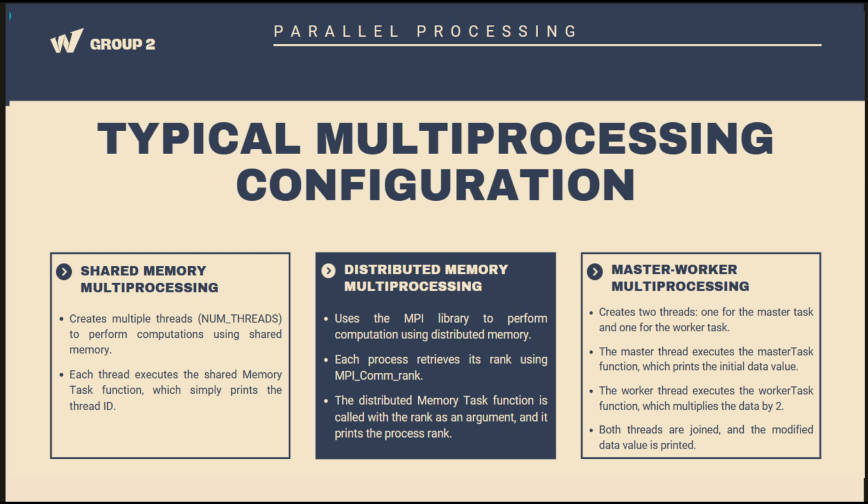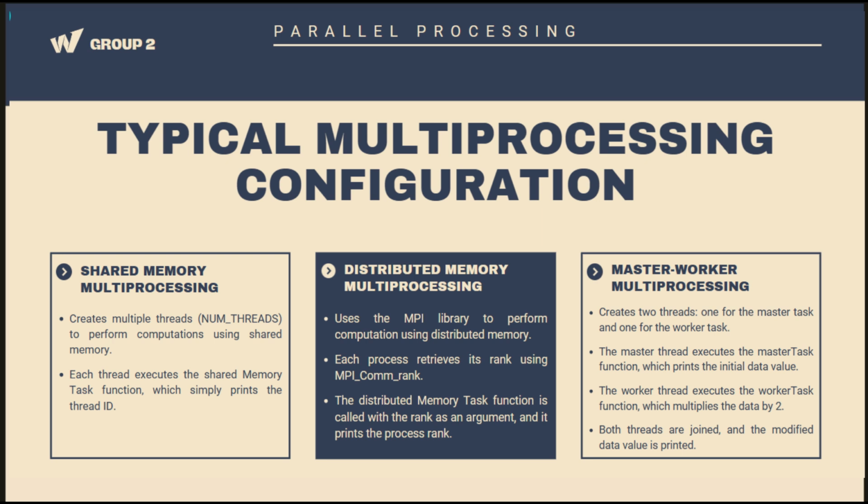Then lastly is the master worker multiprocessing. This one does two things, one for the master and one for the worker. The master worker multiprocessing creates two threads, one for the master task and one for the worker task. The master thread executes the master task function, which prints the initial data value.